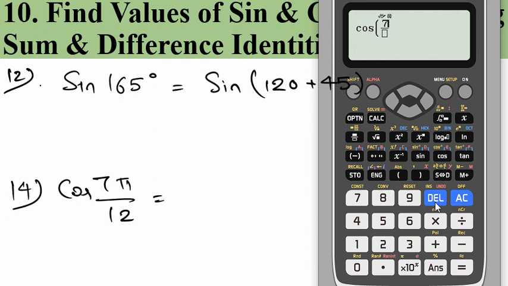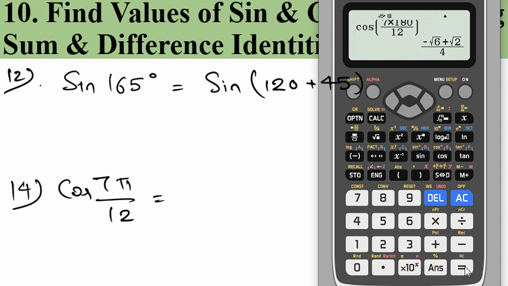So what I will do, I will change it to 180 degrees, because pi is 180 degrees. Divide by 4, close the bracket, and equal. And that is our answer: negative square root 6 plus square root 2 over 4. That's how it is, so easy.